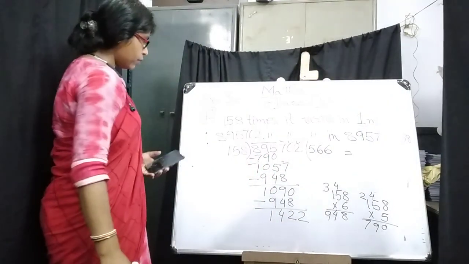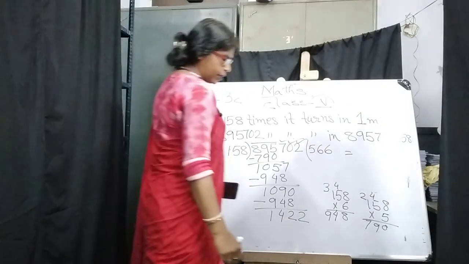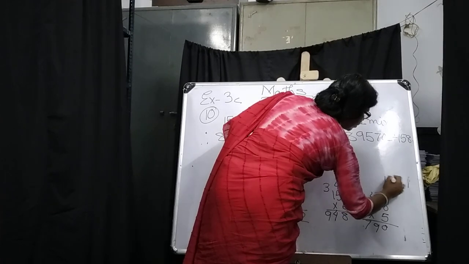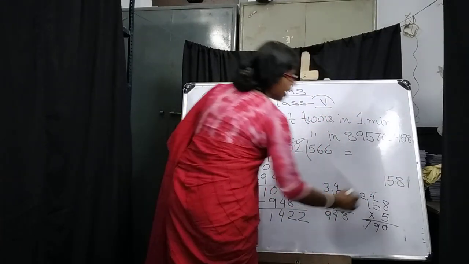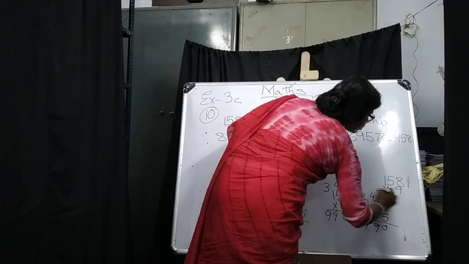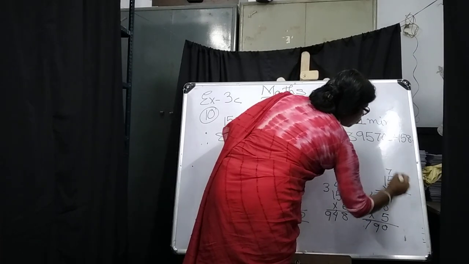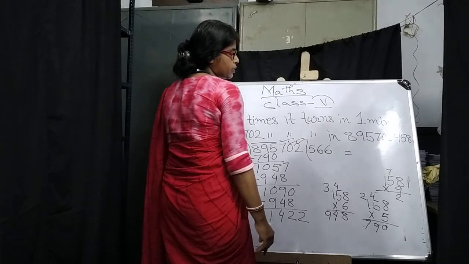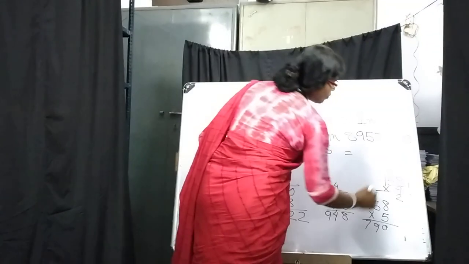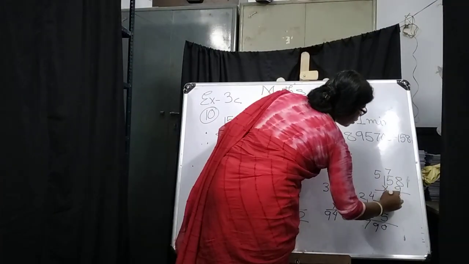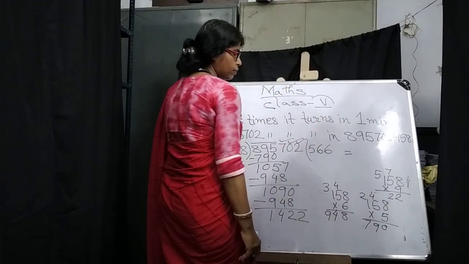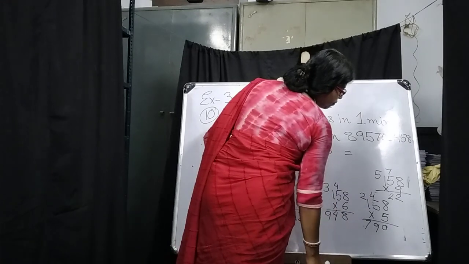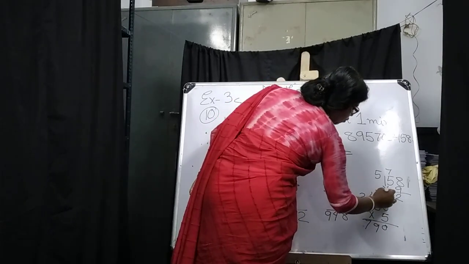Now let us see. We will multiply 158 with 9. 8 9s are 72. 9 5s are 45. 45 plus 7, 52. 9 1s are 9 plus 5, 14. 1422.